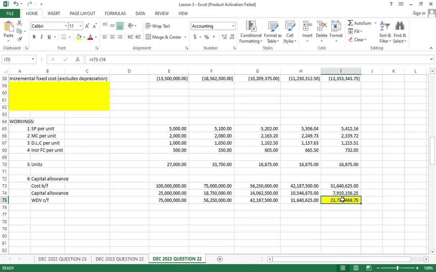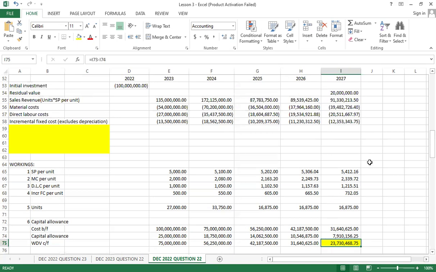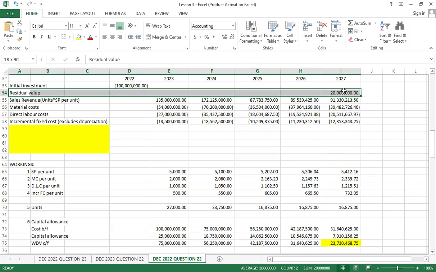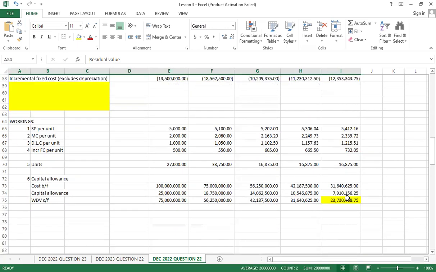Now let's not forget that this asset has to be sold at the end of the project. The value at which you sell the asset, we had agreed, is this value which we call the residual value. So that is 20 million. So we want to sell the asset at the end of year 5 for a value of 20 million, when we are valuing the asset at 23 million.